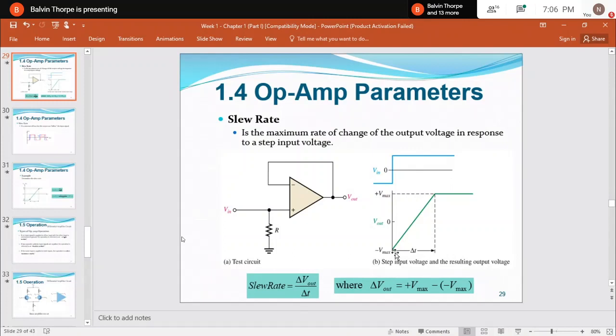The time it takes to go from minimum to maximum at the output voltage, over the rate of change of the voltage. So the voltage is going to go from whatever minimum value to the maximum value. That's why, if you notice the formula here, slew rate is delta VO, and delta VO is what?